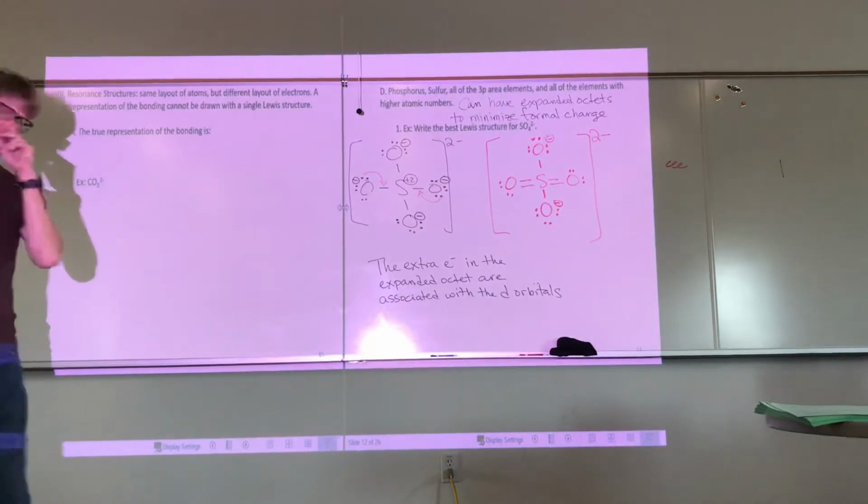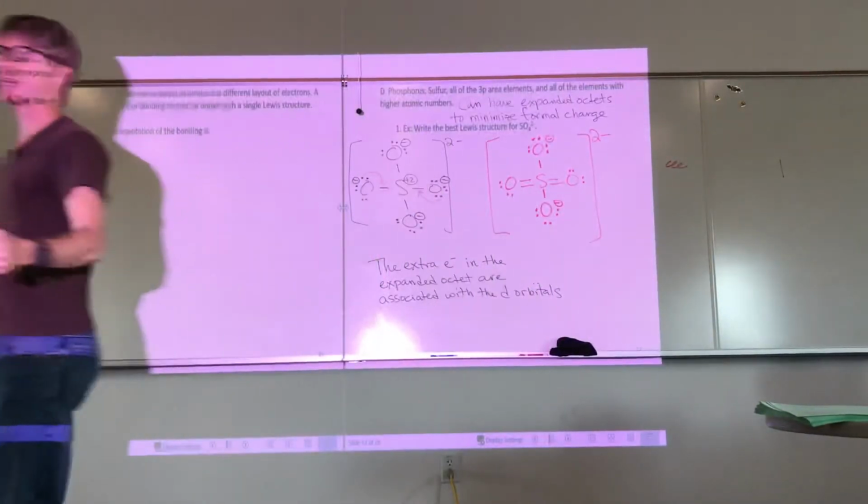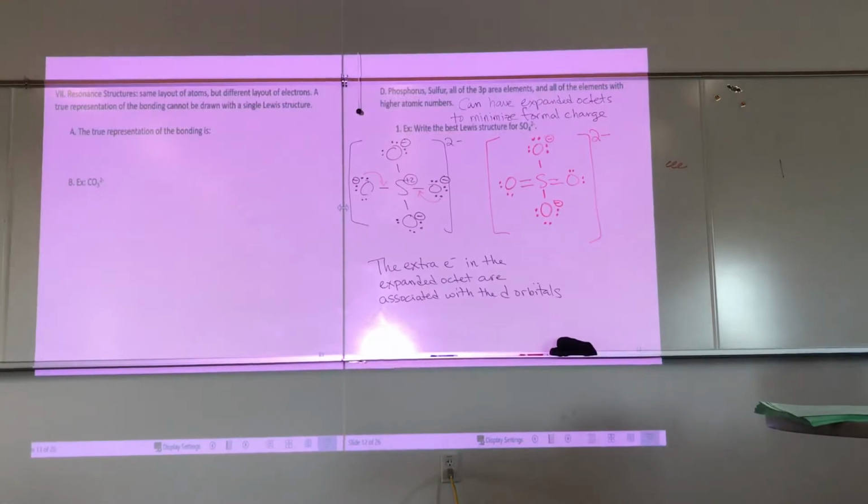So, now, let's get back to one other point, which is where in the periodic table does this happen? I said the 3p area and all lower. 3p is in the n equals 3. Is there a d sublevel? Yes, there is.